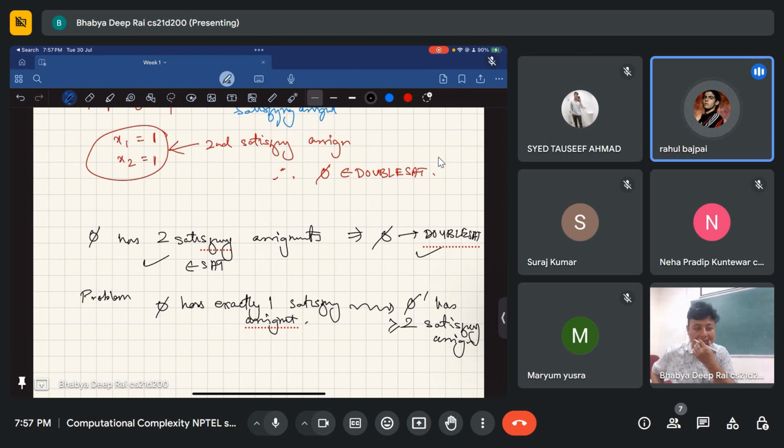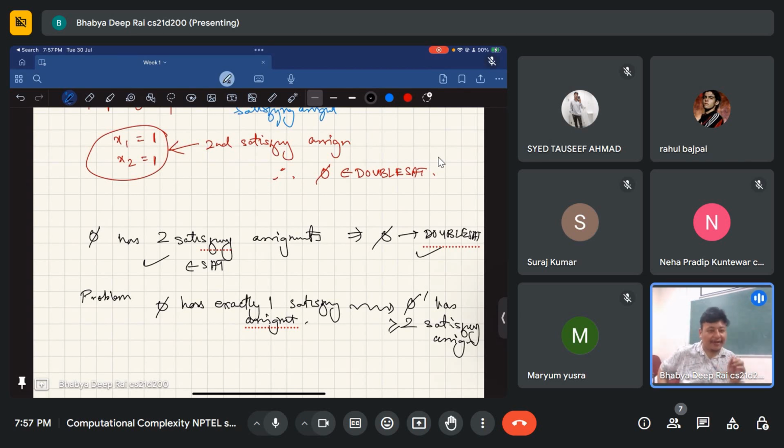At least one of the variables of the exactly one satisfying assignment must be the same. At least one. Okay, I can even keep all of them the same. I have no problem with that. Yeah, at least one should be the same. I agree, because even if one of the variables is not the same, then our function does not depend on the input at all. And the rest of the variables can be flipped.